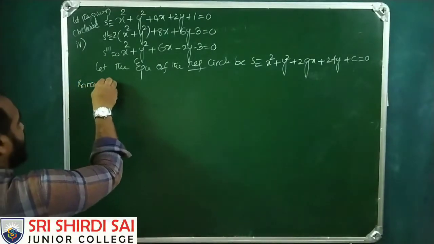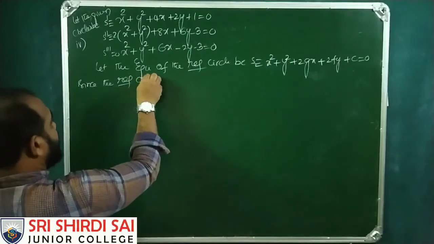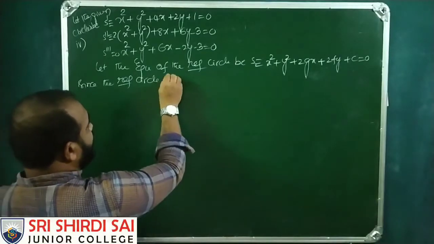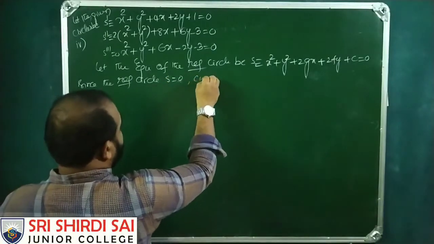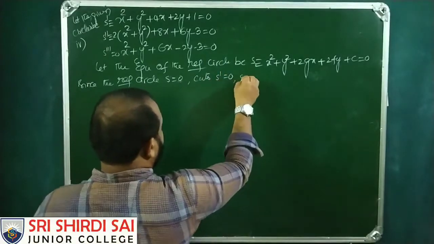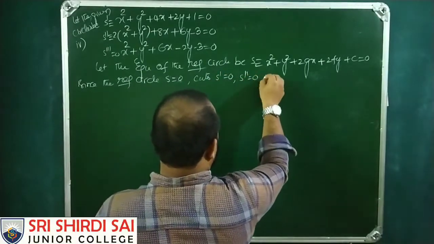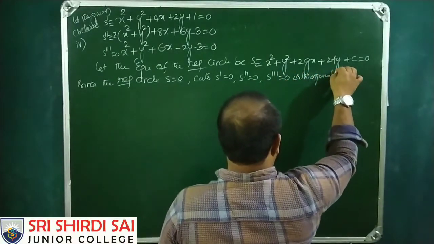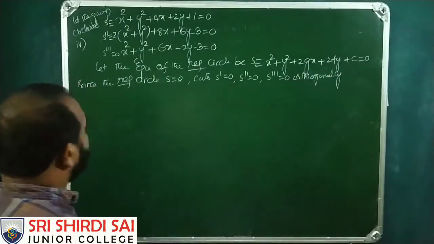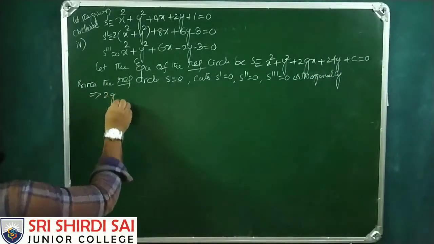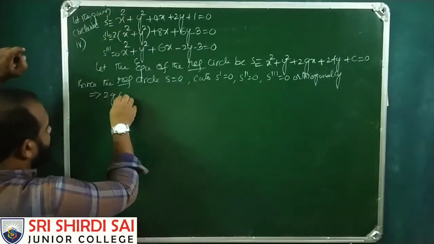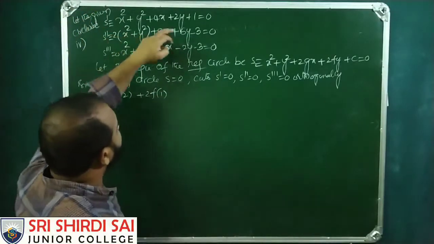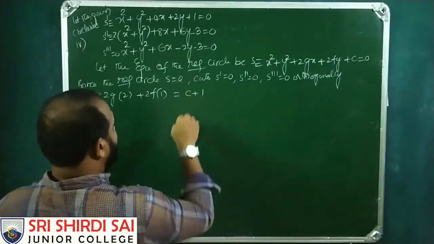Since the required circle S equals to 0 cuts S' equals to 0, S'' equals to 0 and S''' equals to 0 orthogonally, that implies 2gg' plus 2ff' equals c plus c'.